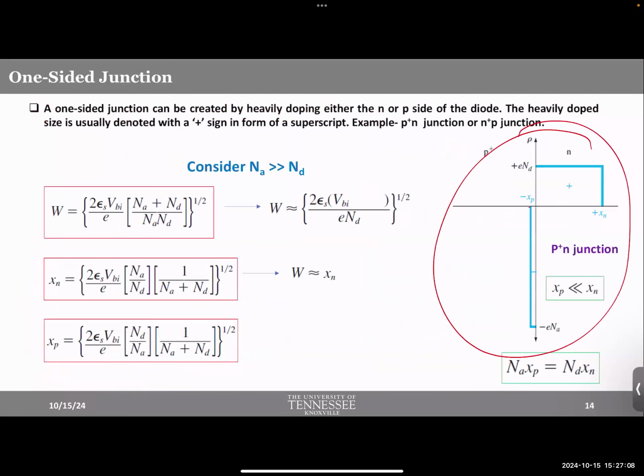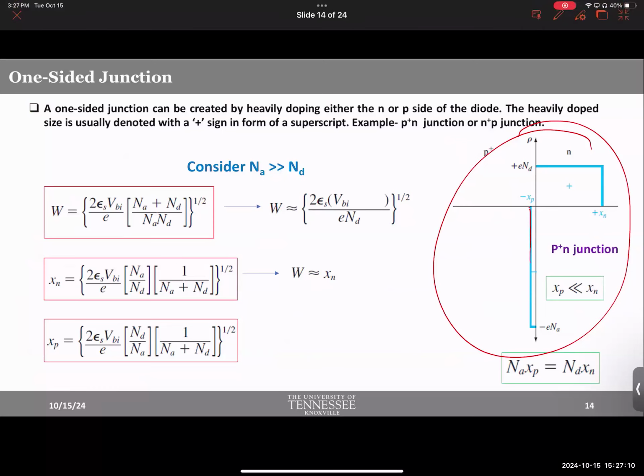So the point is, you can reduce it by doing what? And I showed you that here. If you take P plus, wherever you take a heavily doped semiconductor, the space charge region on that side will be tiny, narrow. Am I making sense? On the other side, it will be as usual. So if you have heavily doped semiconductors, the space charge region will be narrow versus wide.